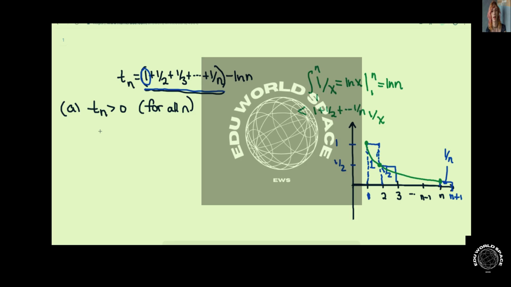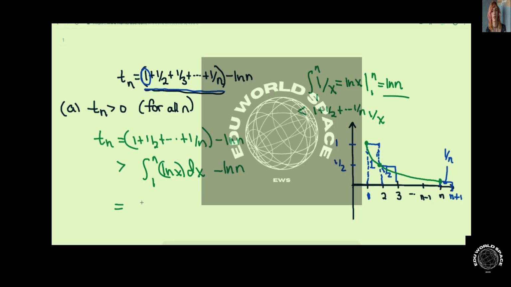So what that means is we can write the following. Just focusing on parentheses, we just showed that this is larger than, and by simplifying the integral here, as we just saw a moment ago, this is just ln n plus 1 minus ln n.